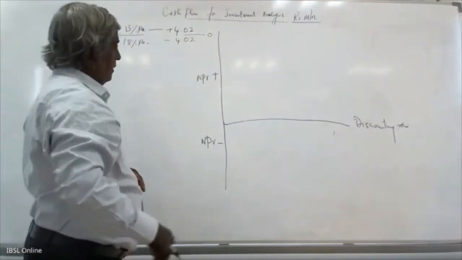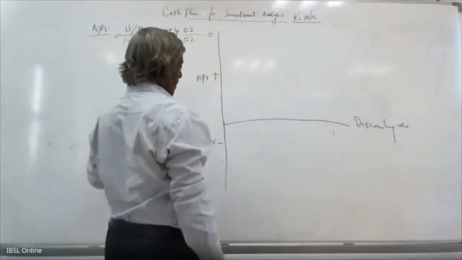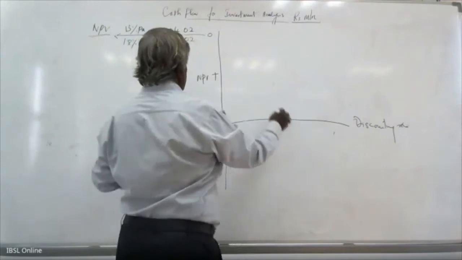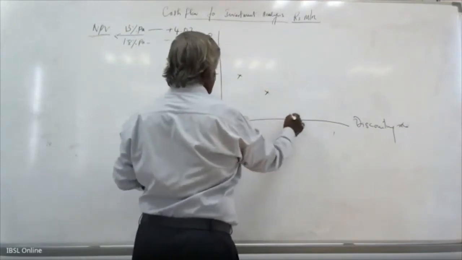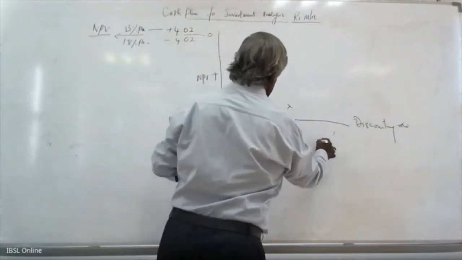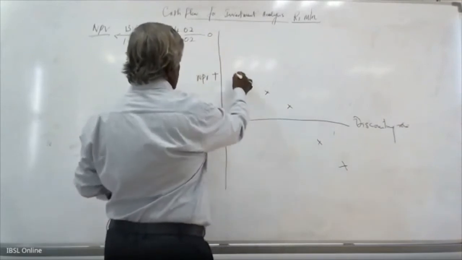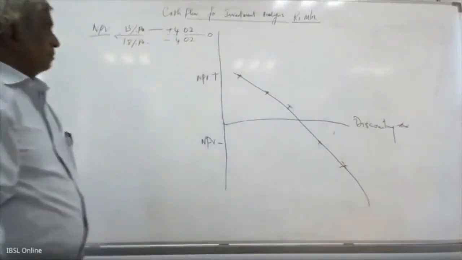So when you plot the NPV against the discounting rate, you get points, and you join them to get a graph like this.